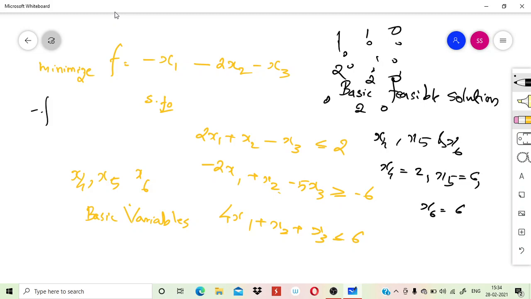Okay, so this is our introduction, and this is why we will opt for the two-phase simplex method.